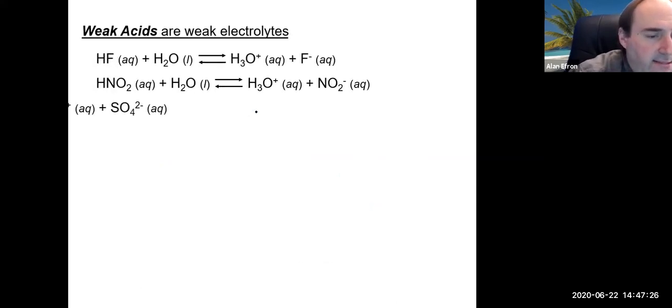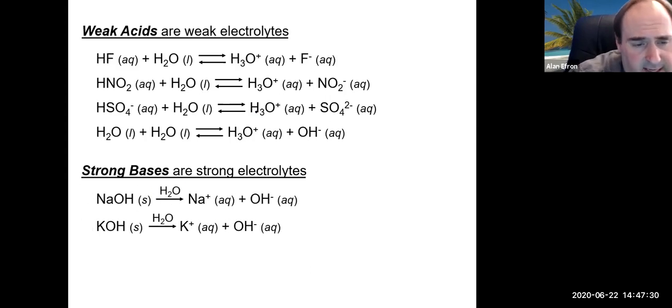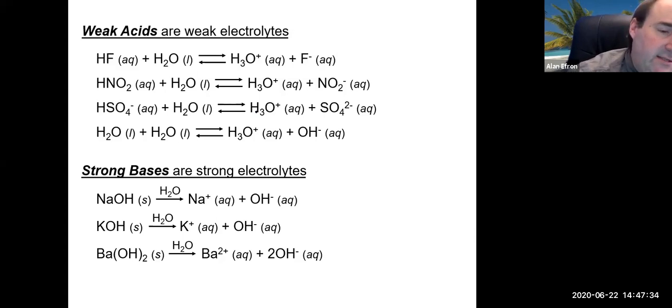Here are some weak acids: hydrofluoric acid, nitrous acid, and water as well. And again, we can see in each of these, we have our arrows heading in both directions, which is a big indication that it's a weak acid. And just like the strong acid, you can write this same reaction for HF this way as well.